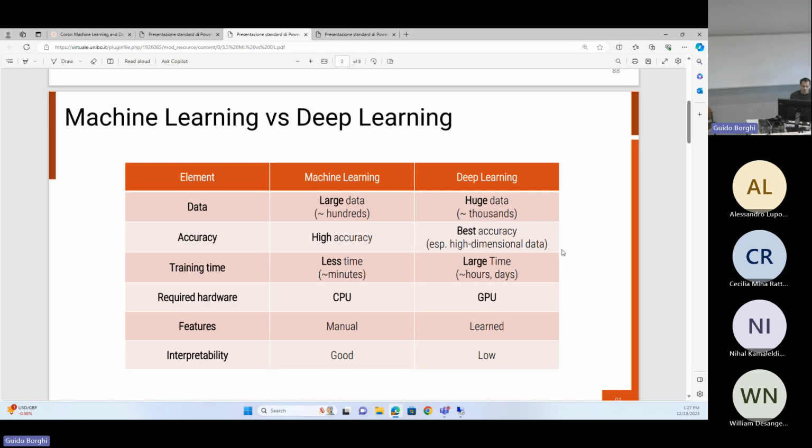Training time: for machine learning, the training time is very limited. Usually we are able to train a classifier or a regressor using some machine learning library in a few minutes.